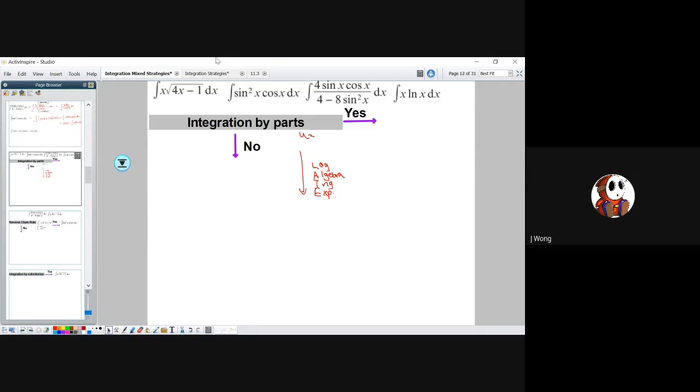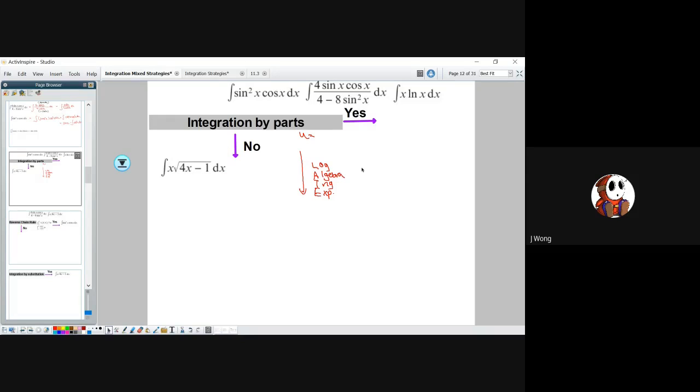When you navigate through your different integrals, you can ask yourself at each stage whether there are 2 different classes of functions. Here, for these 4, the first one is all algebra, so you can't really use it efficiently.